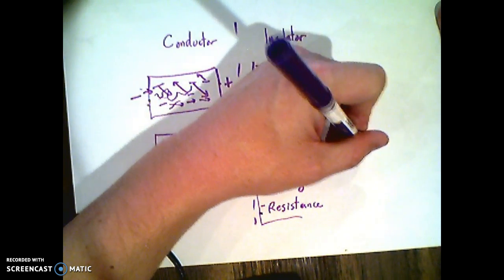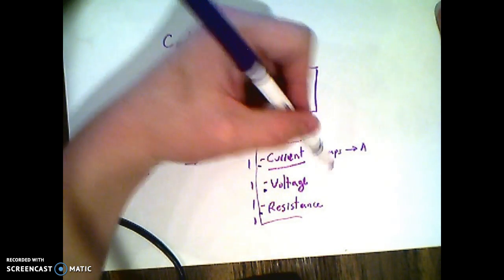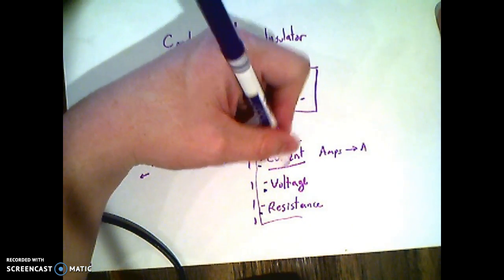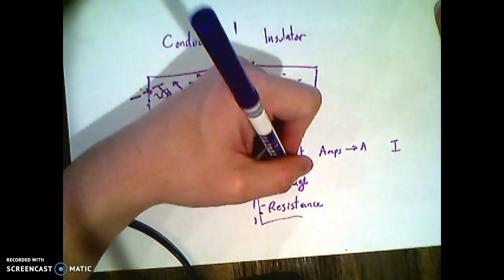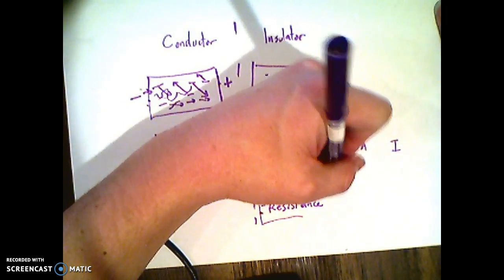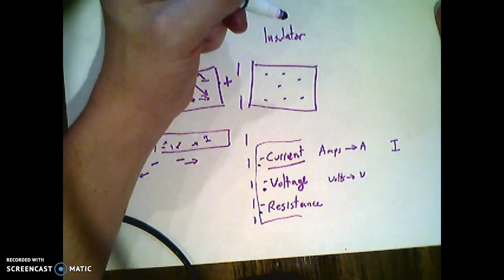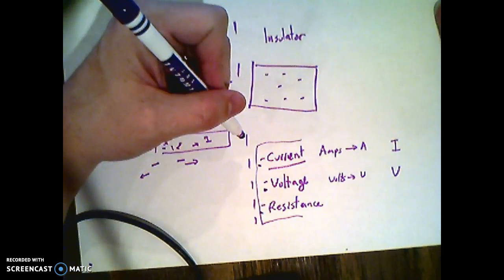Alright, so before we continue, current is measured in amps, which is abbreviated with A. Amps itself is short for amperes, but we just use the symbol A, and the variable we use for current is I. Voltage is measured in volts, and the symbol we use for the unit is V, and the variable is V as well.